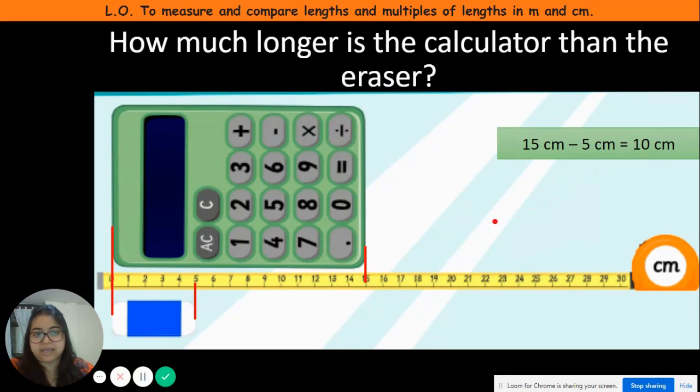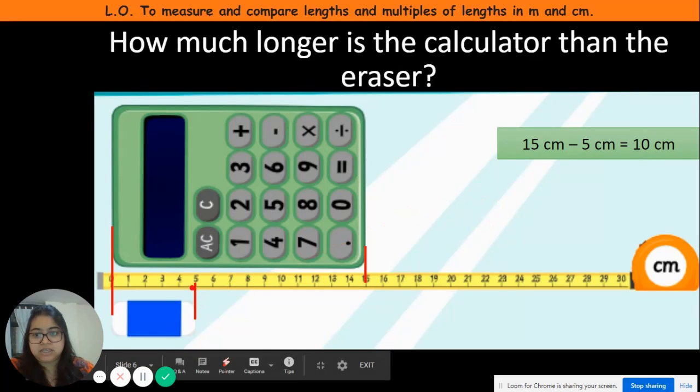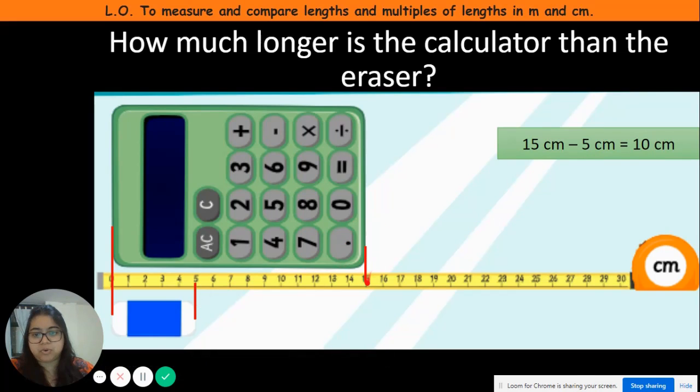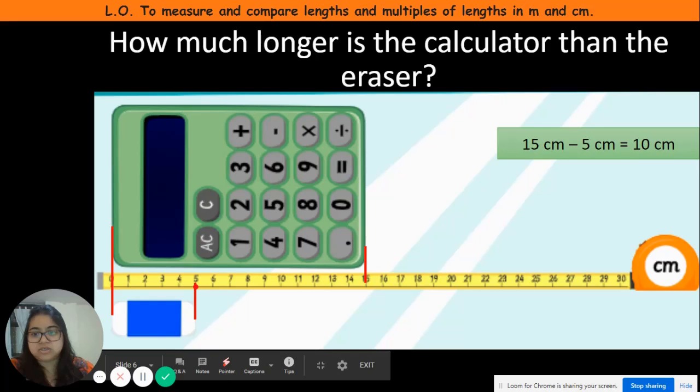The other way is, you have marked these 2 points. You can simply do counting from this point to this point to get your answer. So we can count 1 centimeter, 2 centimeters, 3, 4, 5, 6, 7, 8, 9, and 10 centimeters.